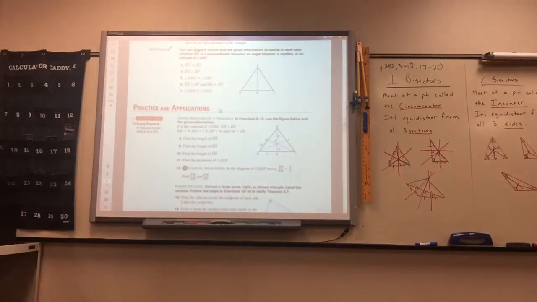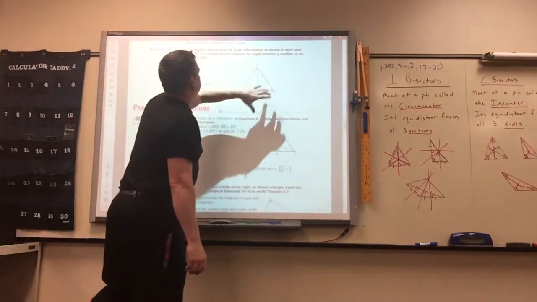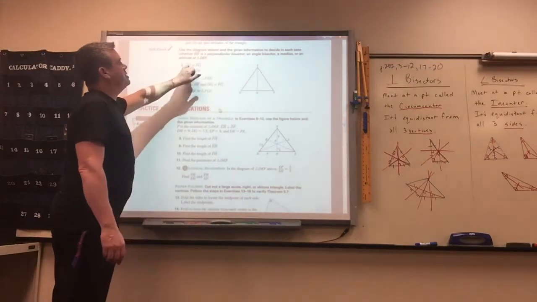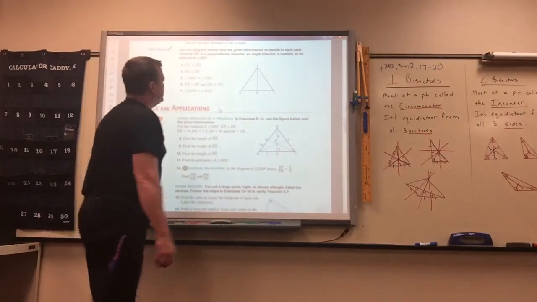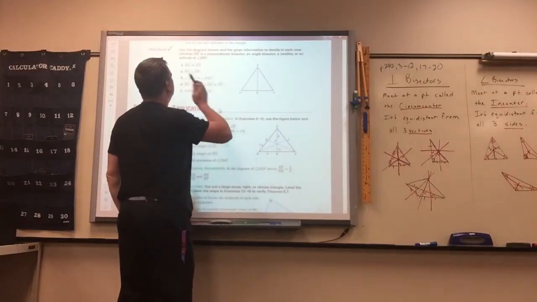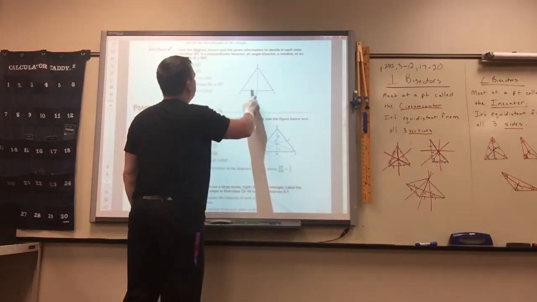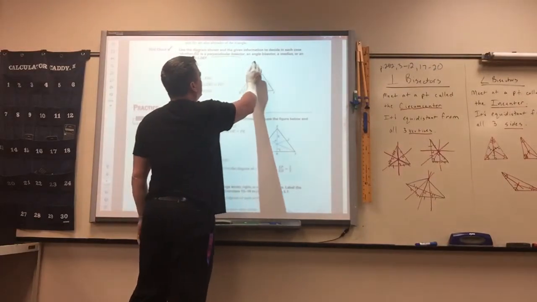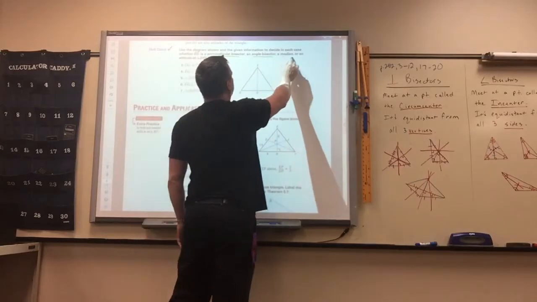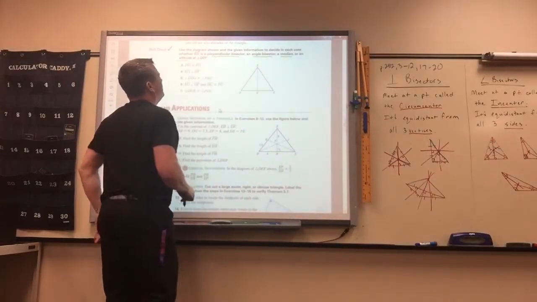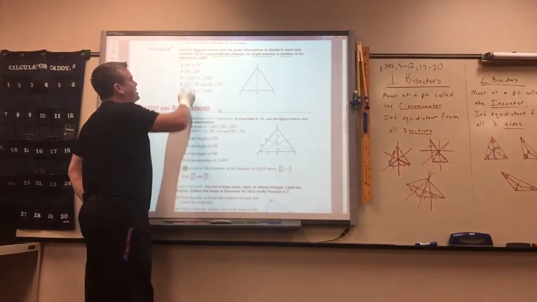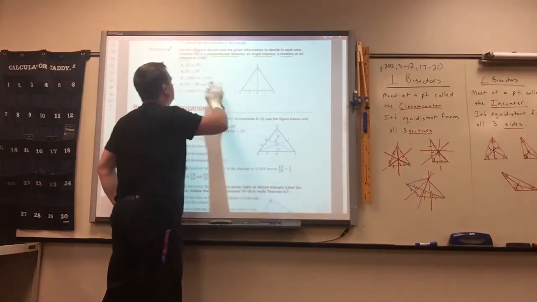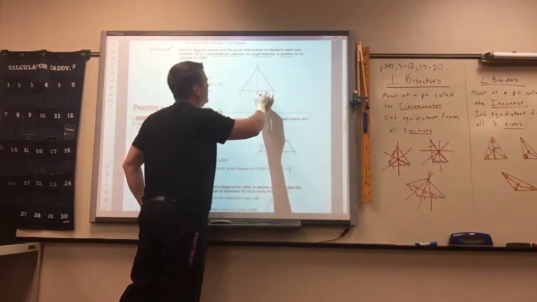So these first ones, here they give us a picture and they give us a piece of information. We have to say from that information if, e.g., the blue line is a perpendicular bisector, an angle bisector, a median, or an altitude. So they tell us that DG is congruent to FG.